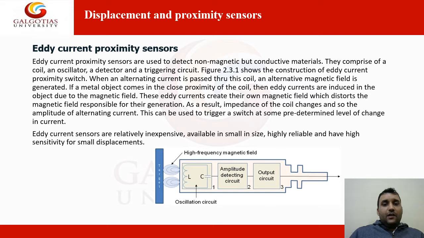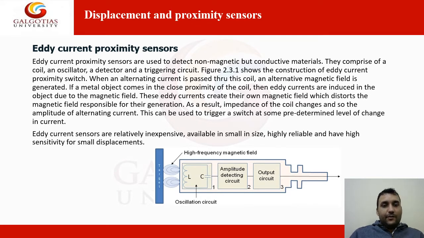As a result, the impedance of the coil changes, so the amplitude of the alternating current also changes. This can be used to trigger a switch at a predetermined level for a change in the current. Eddy current sensors are relatively inexpensive, available in small sizes, highly reliable, and have a high sensitivity for small displacements.